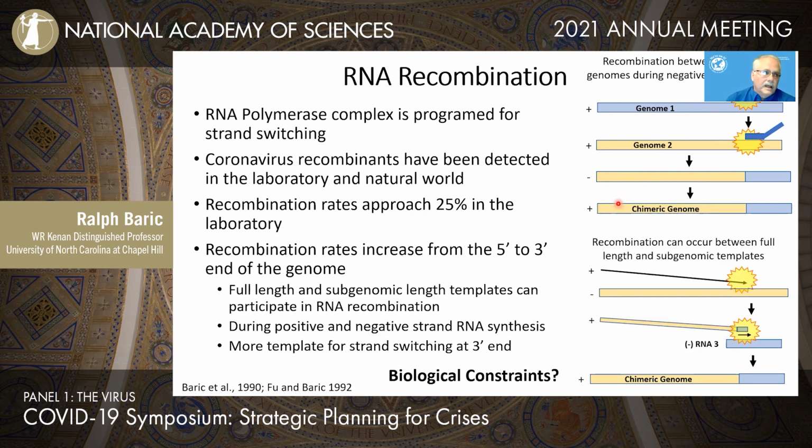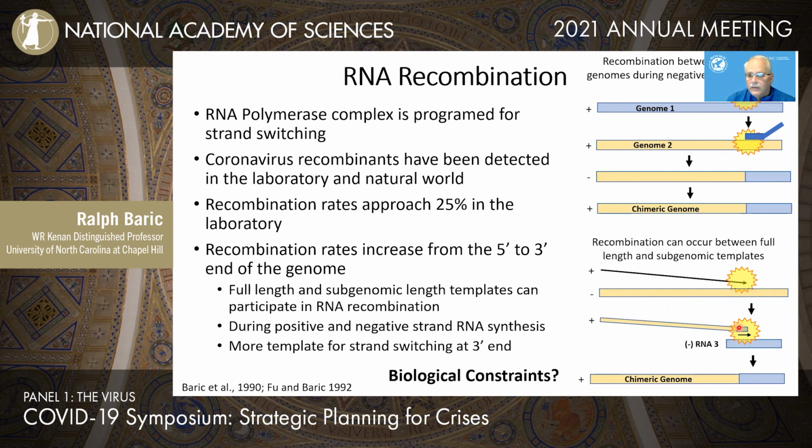Now, importantly and uniquely, coronavirus recombination rates seem to increase from the 5' to the 3' end of the genome. And that's because not only full-length templates can participate in strand switching, but full-length and subgenomic length templates can participate in strand switching. So in this model, a polymerase is making a full-length plus strand of one genome RNA molecule.